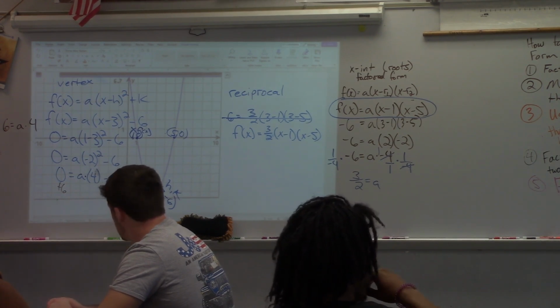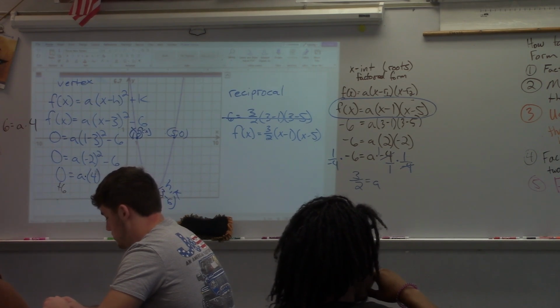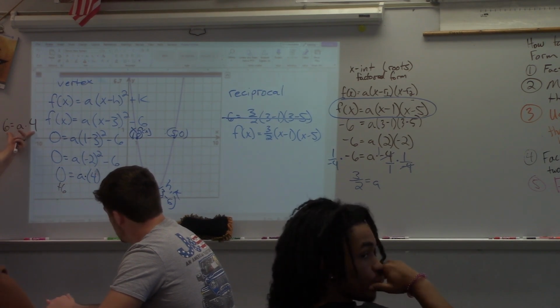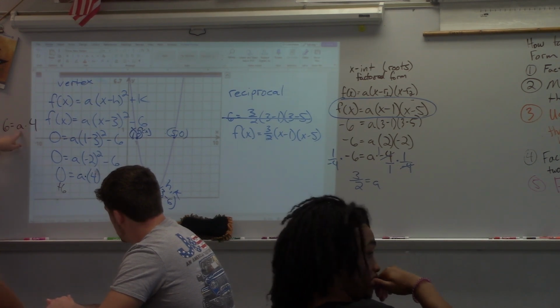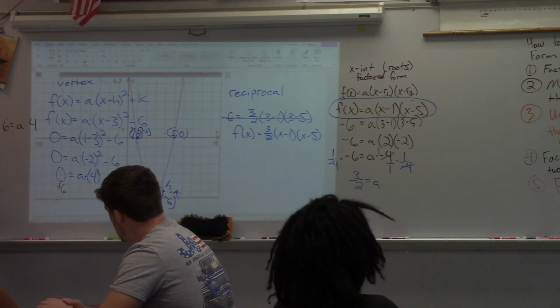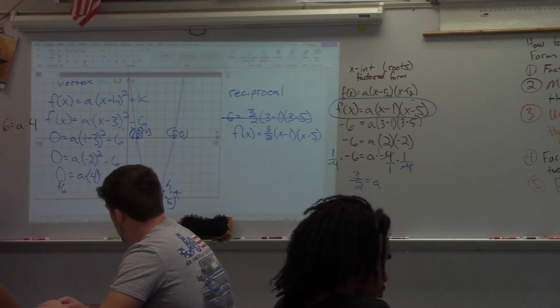Caitlin, what operation do I want to undo now to solve for a? Remember, I want to solve for a. Multiplication? I want to undo the multiplication, so what am I going to do? Divide by 4.